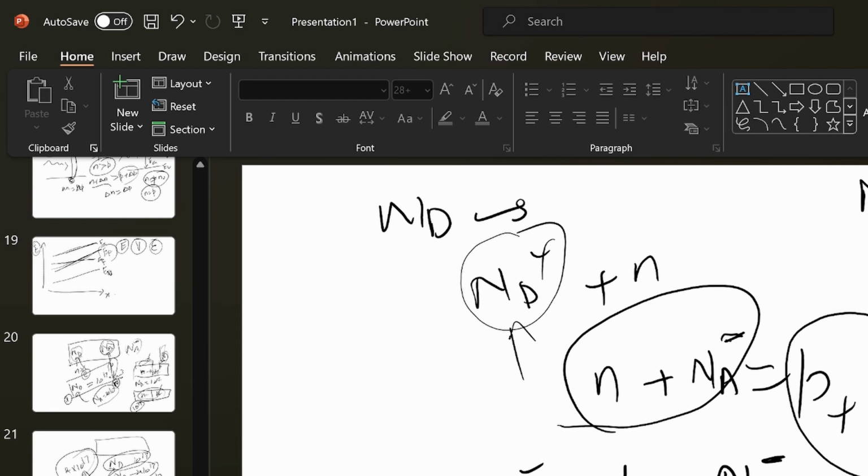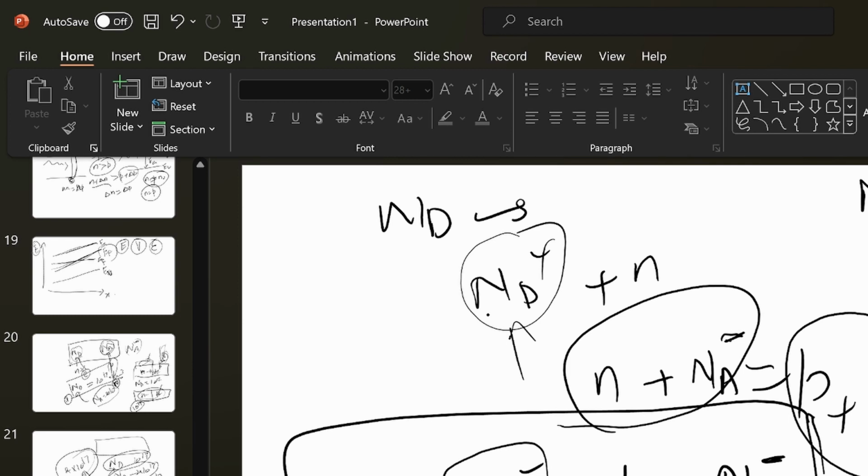One more thing: what sir has told us in his lectures is that from here we can calculate, if we are given incomplete or complete ionization, using this simple equation.